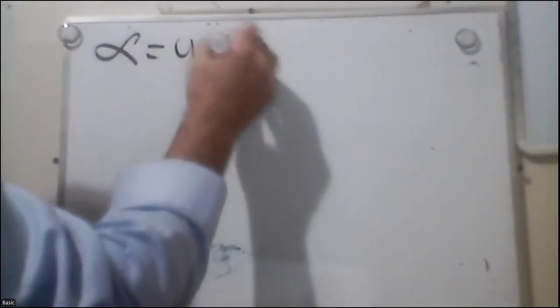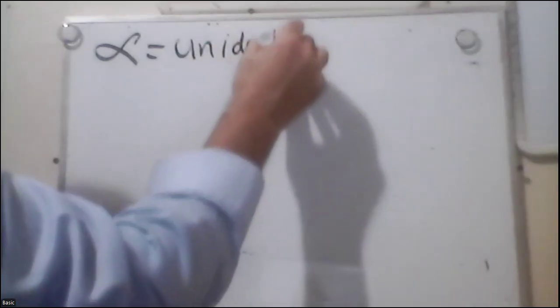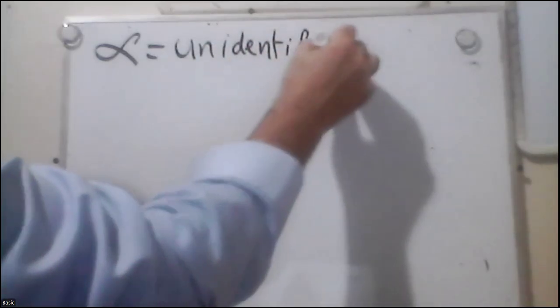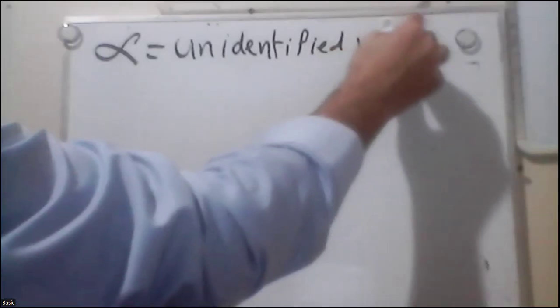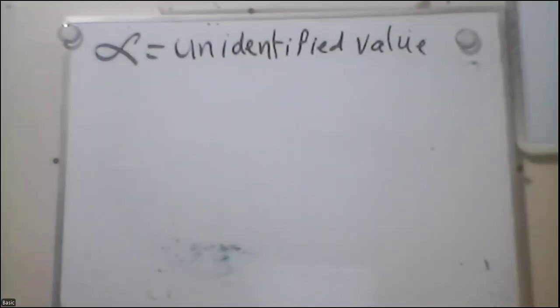Limits is when you get something like... I want to remind you of some facts. When I say infinite, it means there is no number, no result, no definition, an unidentified value.